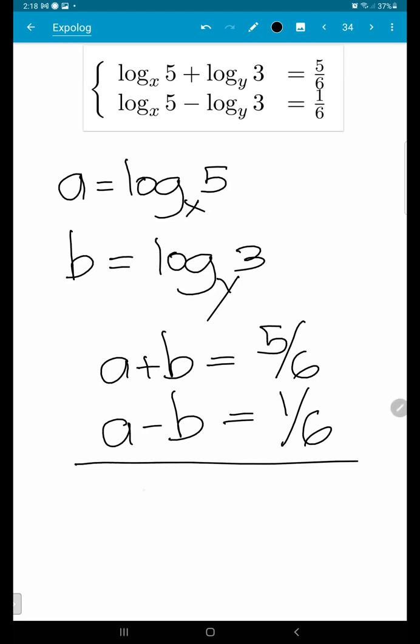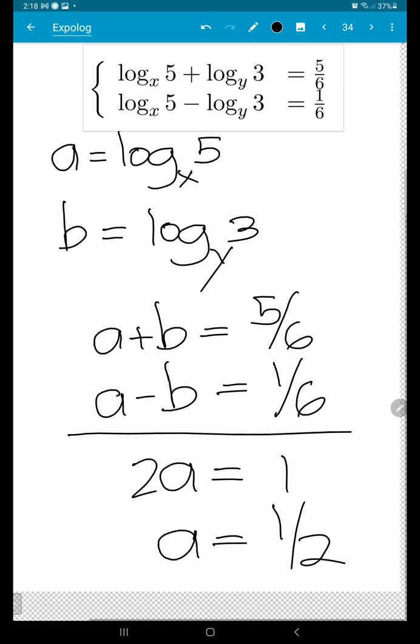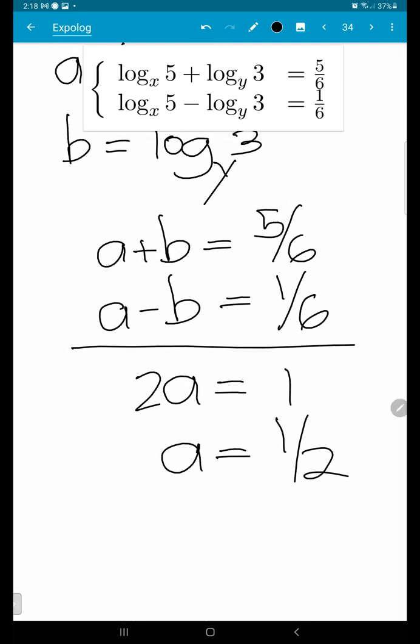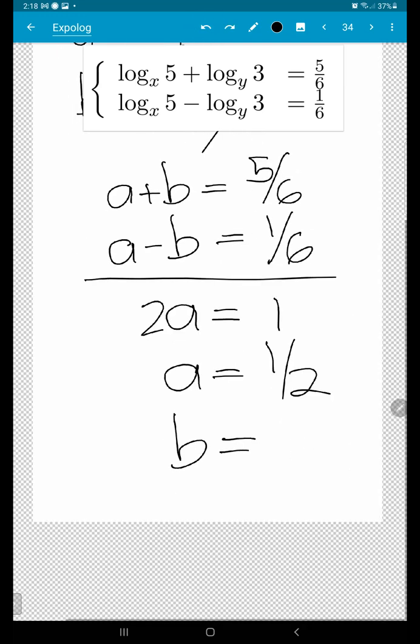So you add, and A equals 1/2, then it would be easy to find B first. So plugging in should give you, okay, plug in A equals 1/2 here.